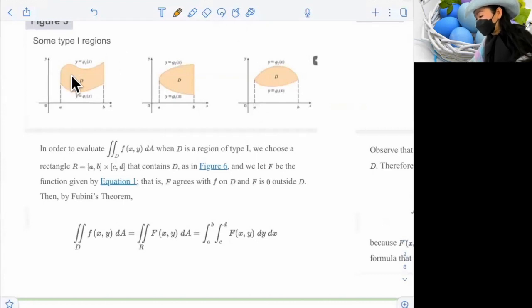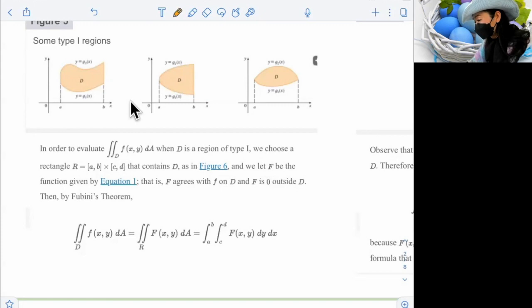Okay, let's go back to the type 1 region, where the region is bounded above and below by two curves, where y is expressed as a function of x, and x goes from a to b. We are going to choose a rectangle that encloses this region, bigger than the region. Then we do the same trick, right?